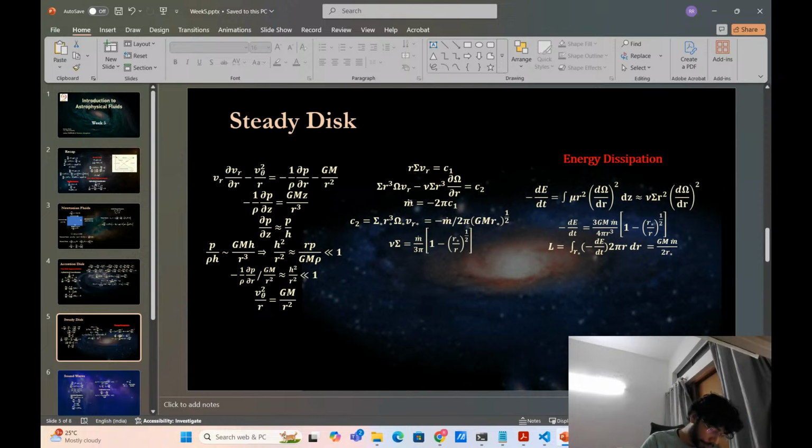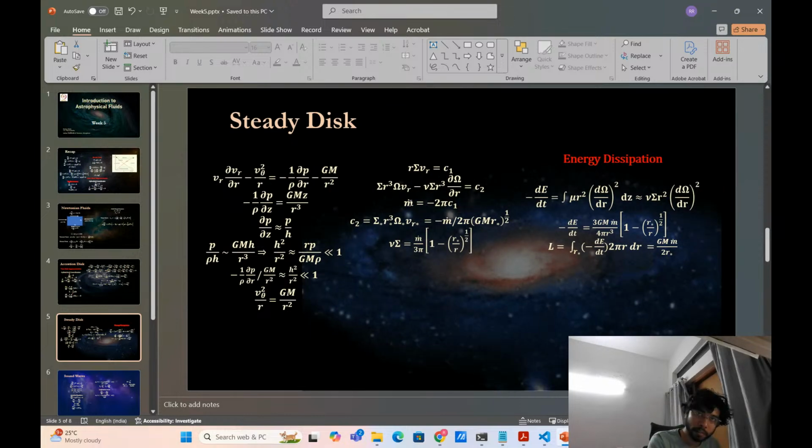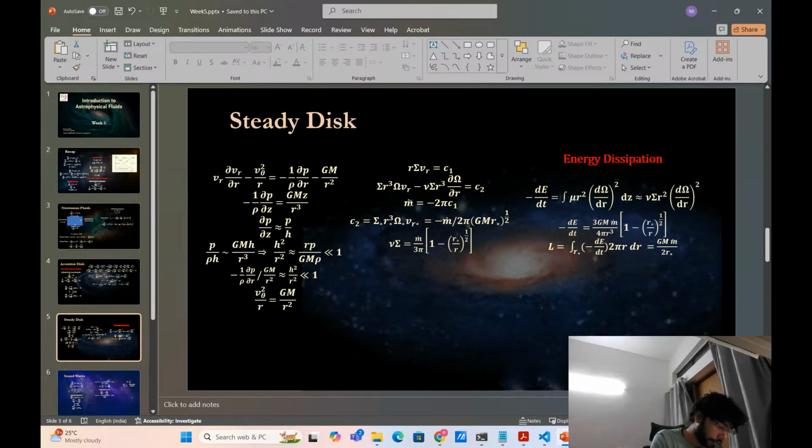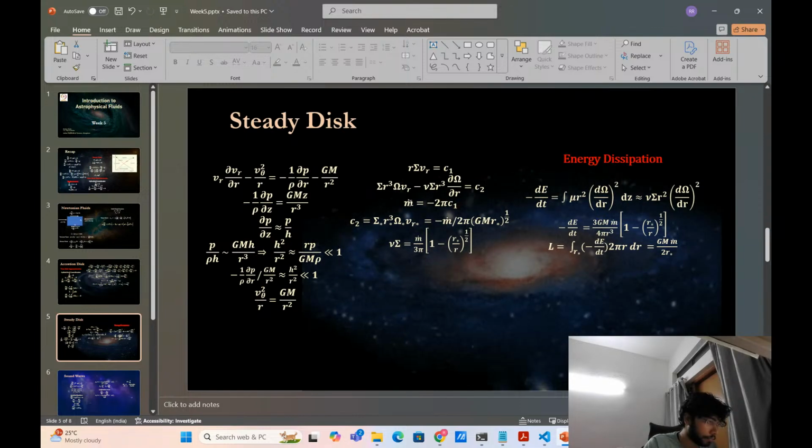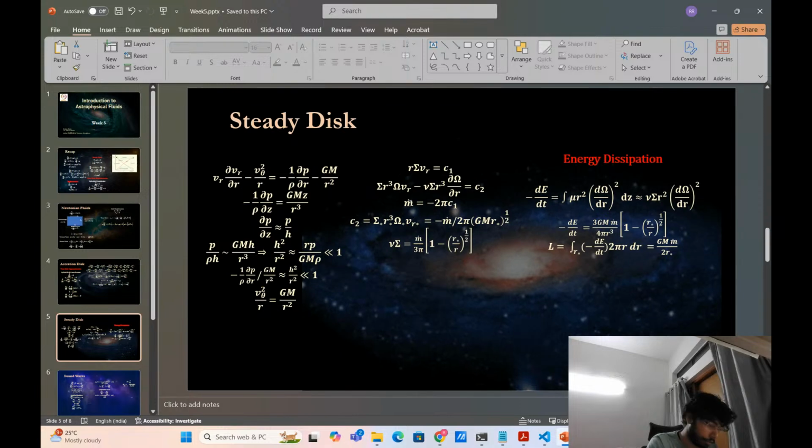So here, what did we do? We had r sigma VR equals C1. M dot is minus 2 pi C1, which equals minus 2 pi r sigma VR, which is just the mass accretion rate. And C2 is sigma star r star cube omega star VR star.